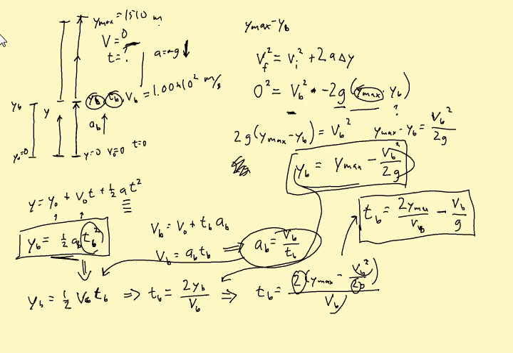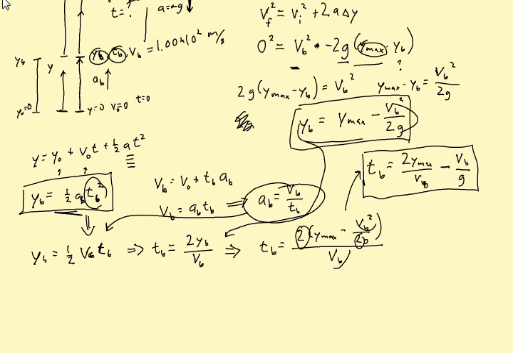Let me move our window down a tad so we have some space here, and plug in numbers. As I recall, y max was 1,510 meters. g is, of course, as always, good old 9.8 meters per second squared. g is positive, or at least the way we like to do it, it is.